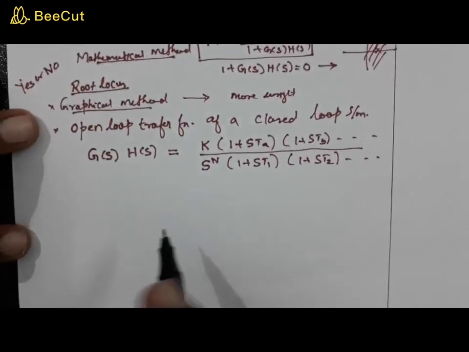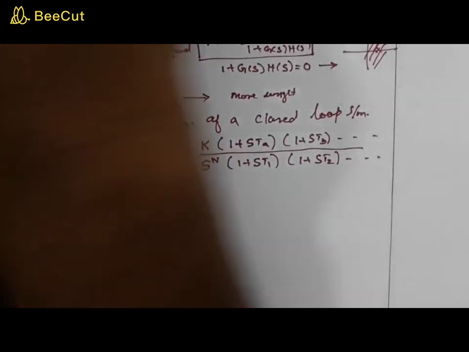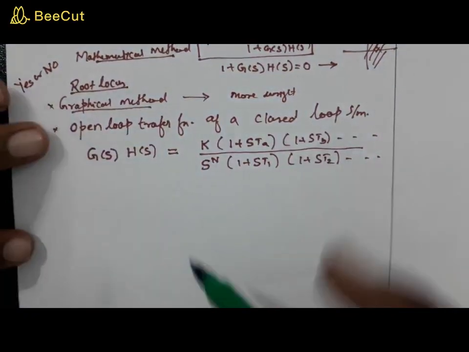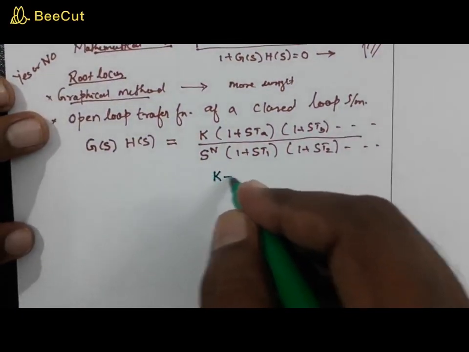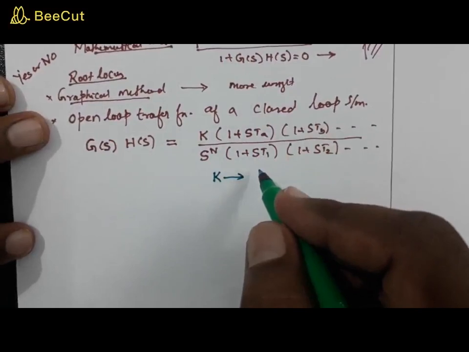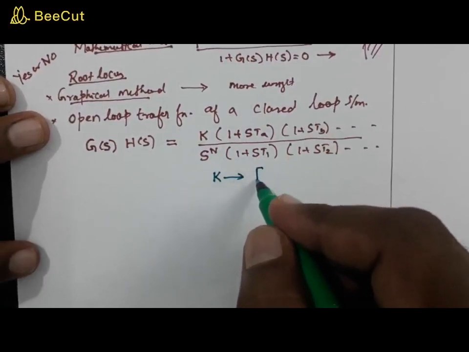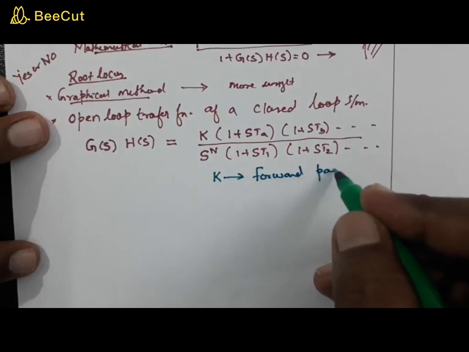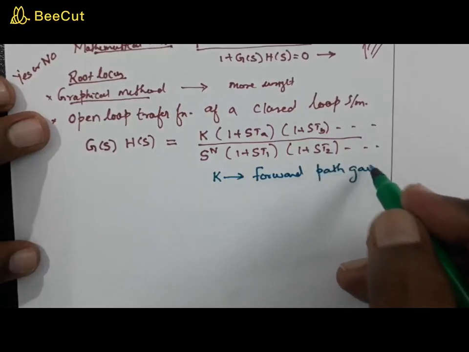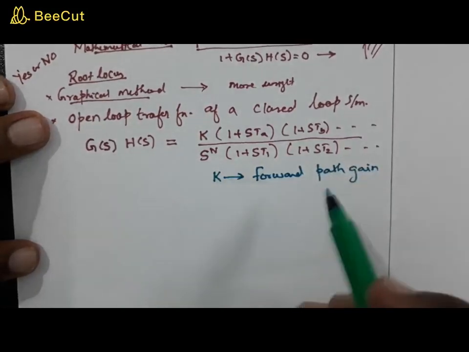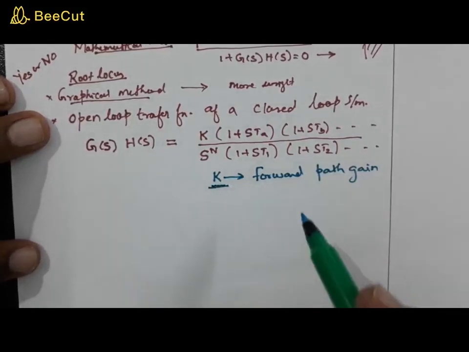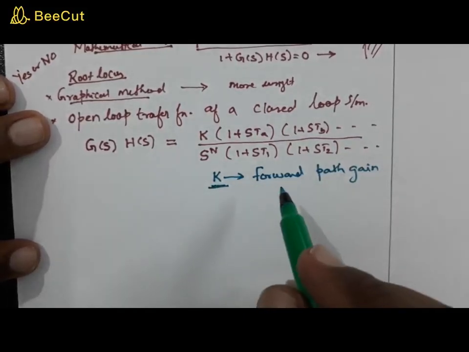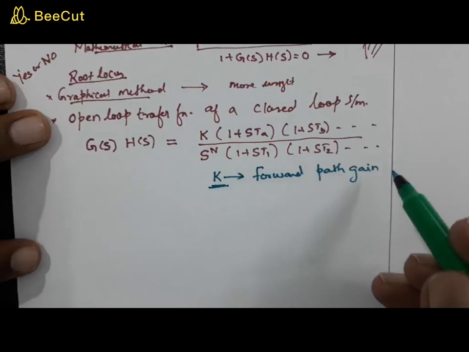Now we have seen that this K is called the scale factor, or you can call this K the forward path gain. From now onwards we'll be calling this K not simply a scale factor, but the forward path gain.